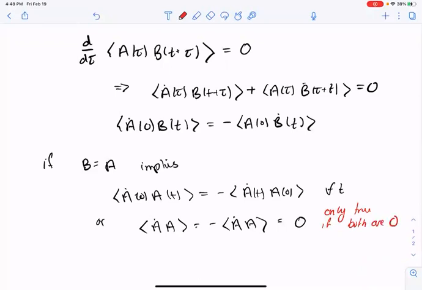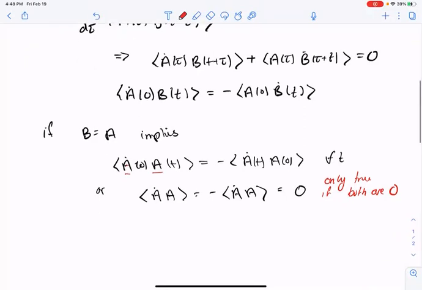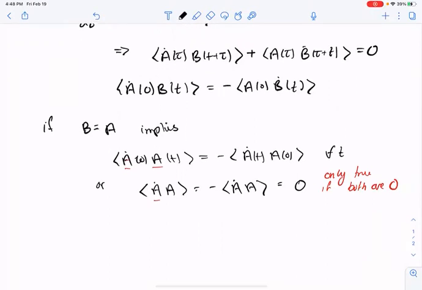Which tells you that correlation functions of the same variable A with A at some time t later necessarily have to be even functions. Their first derivative with respect to time vanishes. So a time correlation function is an even function about the origin, or an autocorrelation function.